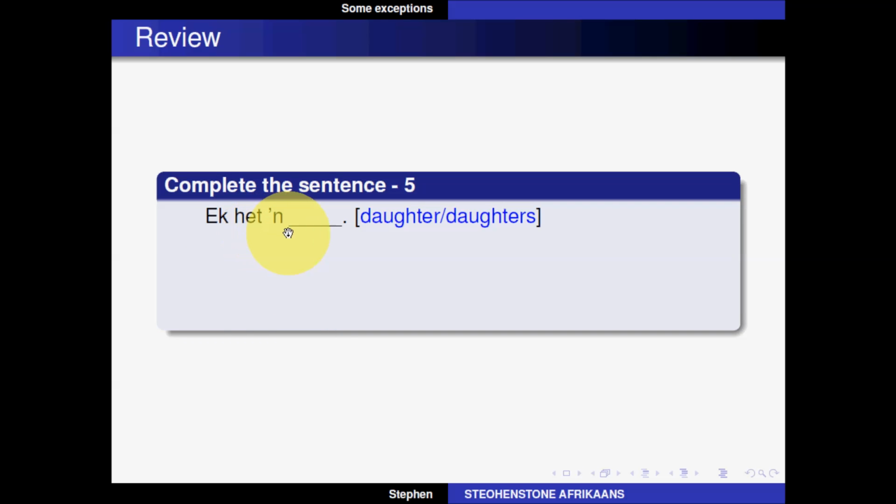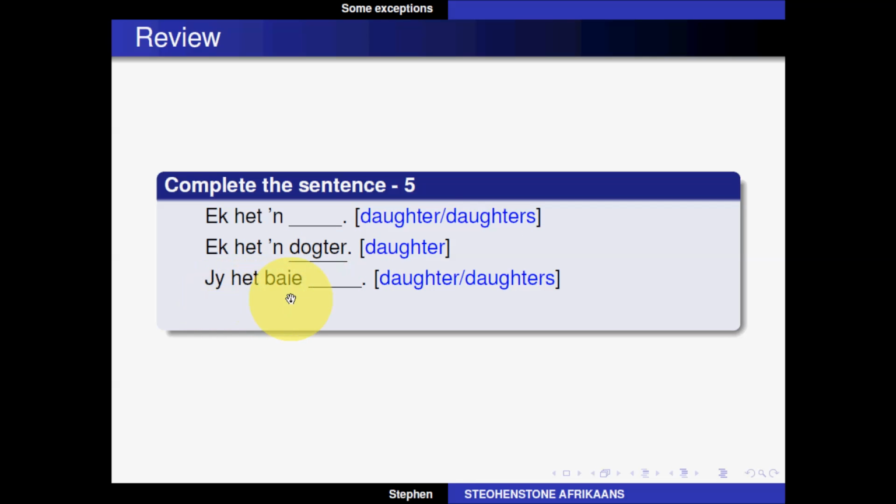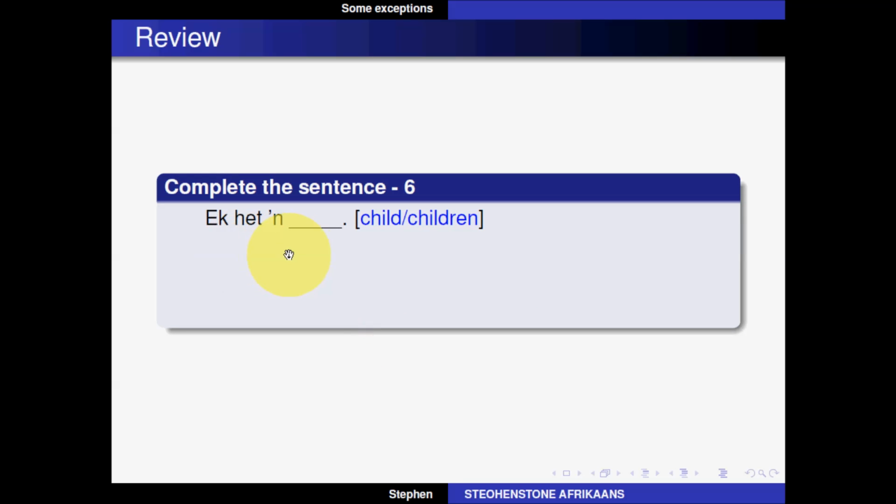Ek het 'n dogter. Ek het 'n dogter. Jy het baie dogters. Jy het baie dogters. Ek het 'n kind. Ek het 'n kind.